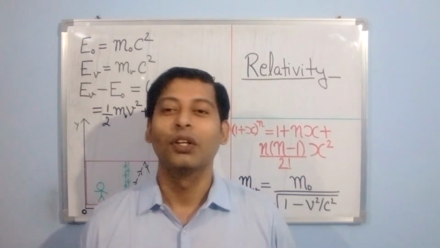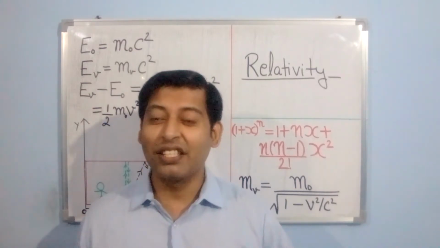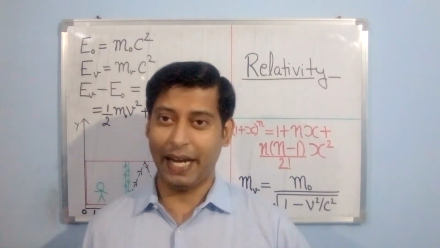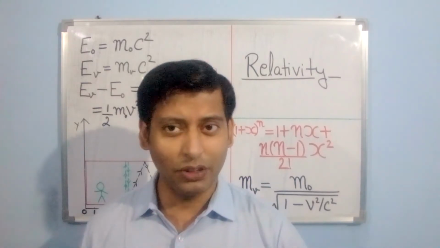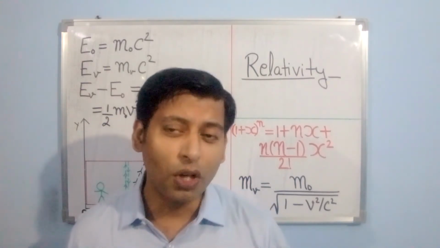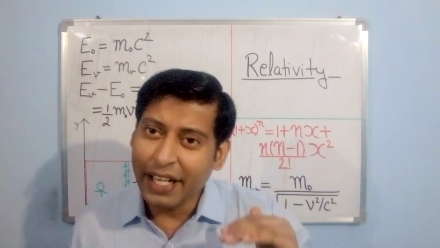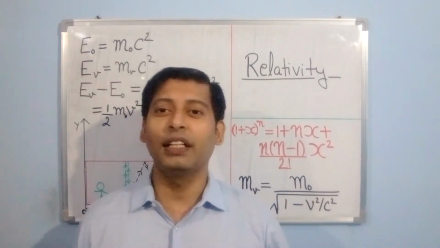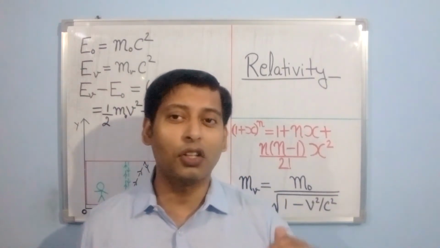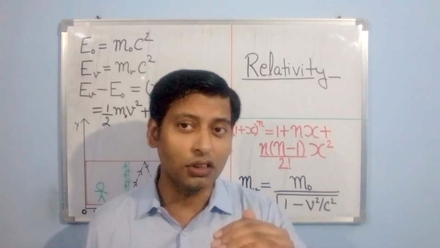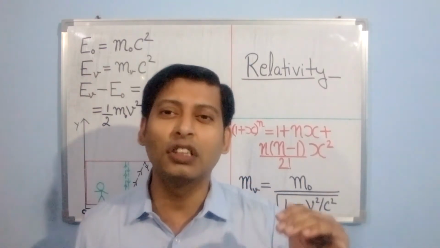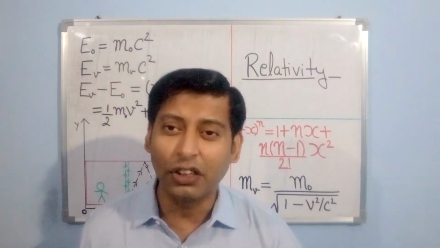So far so good, but what is the point here about the relativity? The point is this resistance to the force applied means you have to do work, that means you have to apply a force. So the relativity puts a limitation that a body cannot cross this limit, even it cannot touch the speed of light.